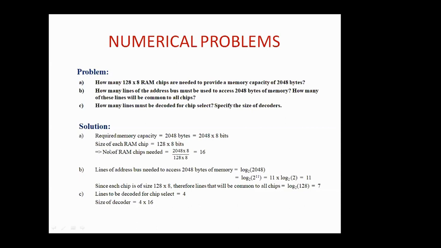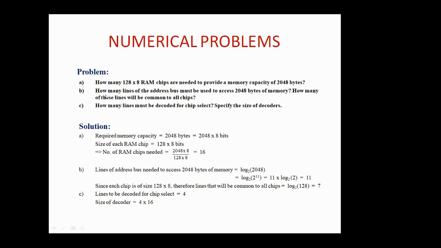So now this is a simple question of mathematics, how many RAM chips we will require. Total we require this much size, and we are provided with chips of this much size. If we divide the two, we get the answer. So the number of RAM chips needed will be 2048 into 8 divided by 128 into 8, which comes out to be 16. So the answer is 16.